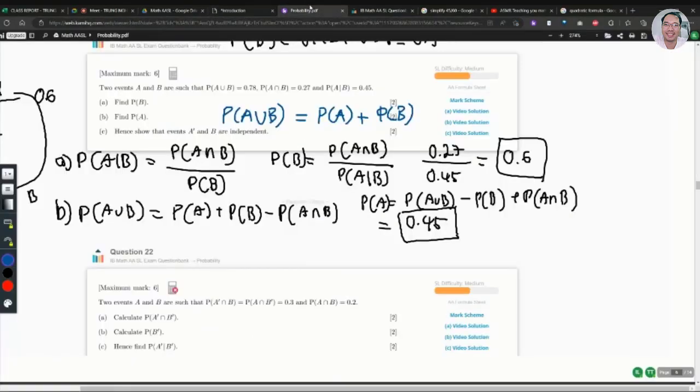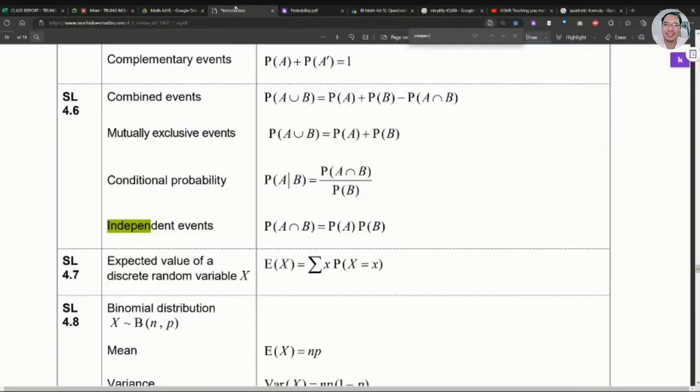The prob A and B is the product of prob A and prob B. So we just need to multiply. You find the equation in the booklet. This is the equation to prove that the two events are independent or not. And if they ask whether the two events are mutually exclusive or not, you use the equation here. Mutually exclusive is here, independent is here.